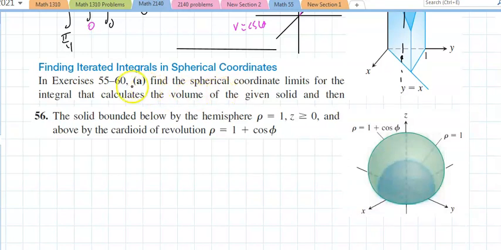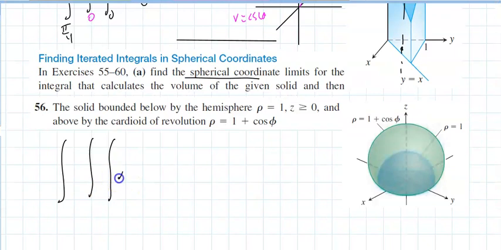So here I want part A, find the spherical coordinates. Well, if it's a sphere, now evaluating the integral in spherical coordinates is a lot of work. But setting up the integral is really, really simpler than the traditional. So what was that? Let me check. Okay, it was rho squared sine of phi, d rho, d phi, d theta.